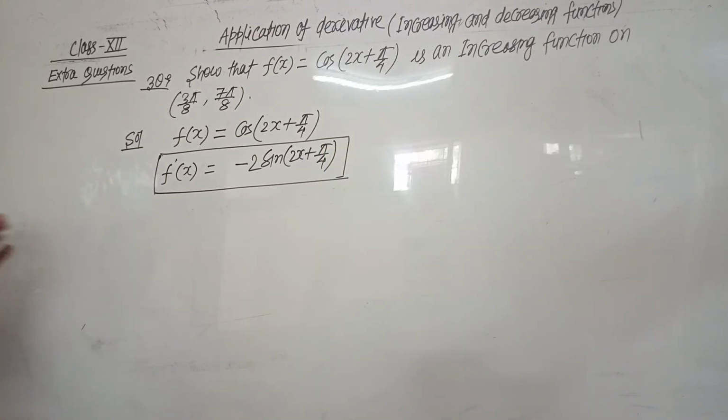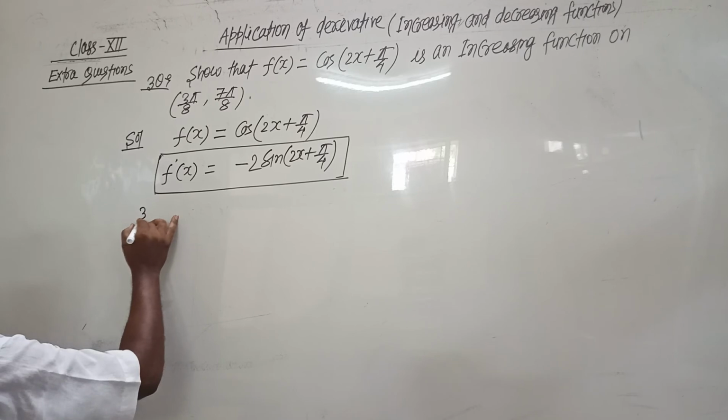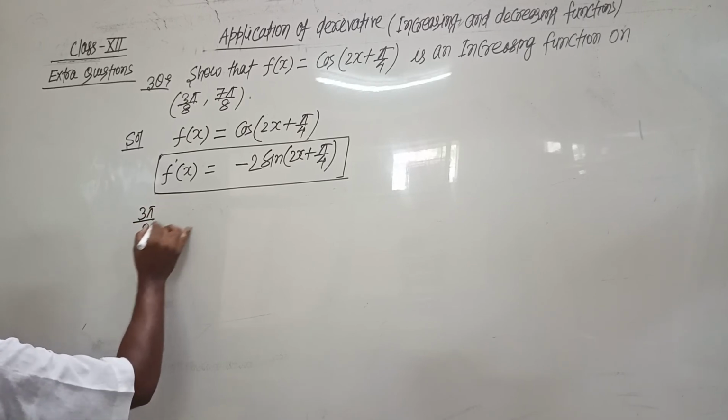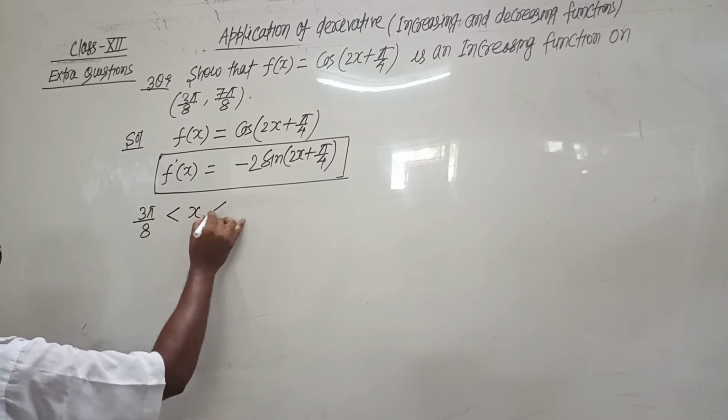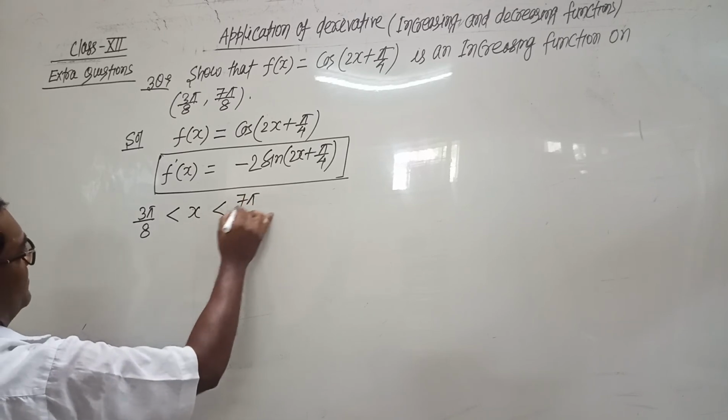Now we are given the interval 3 pi by 8 is less than x is less than 7 pi by 8.